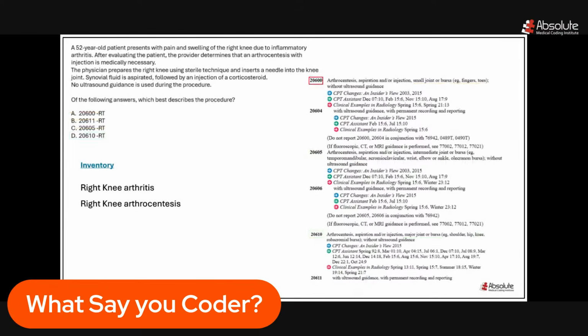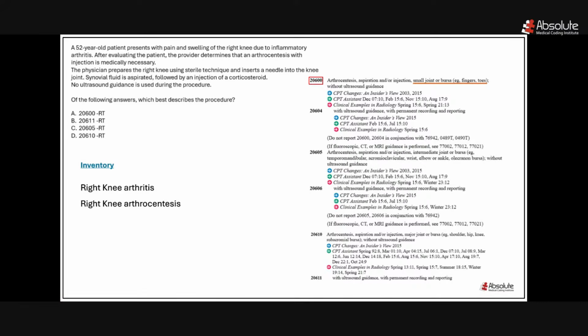Okay, so we have a patient with right knee arthritis, and right knee arthrocentesis is the procedure performed. Now we have all of our four options here. All four are for arthrocentesis procedures. All we have to do is find the correct CPT code and the correct location, right?